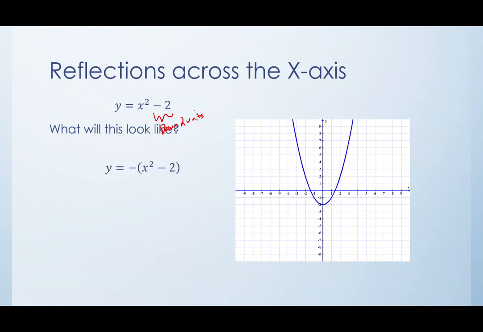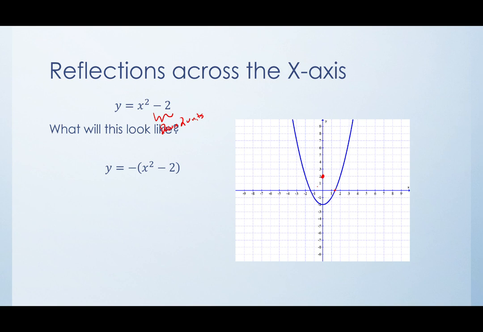So if I tell you, okay, I've got this function y equals negative of x squared minus 2, what is that doing? Well, we're just taking all the outputs of the original function, x squared minus 2, and flipping the sign on them, right? So here where I have 0, negative 2, we should have 0, 2.